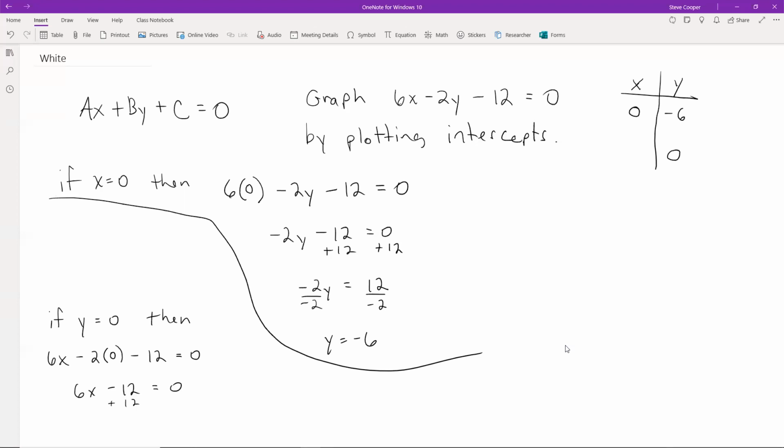Add the 12. So if 6x equals 12, of course, x is going to be 2. Okay, so when we use 0 for y in our equation, we get back that x must be 2. So now we've got all the information we need to graph because these are the intercepts.